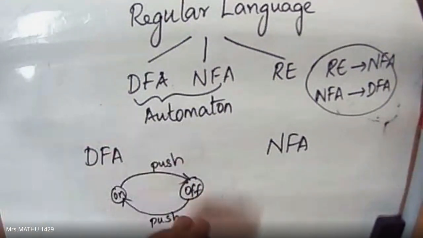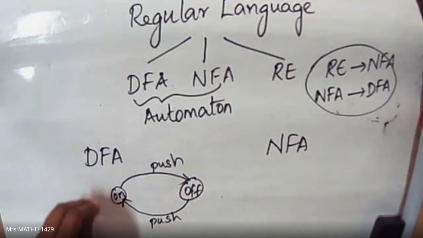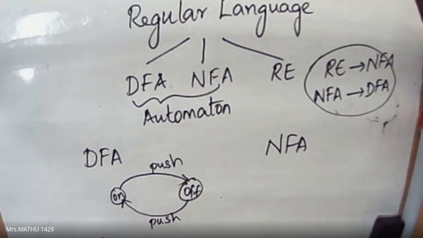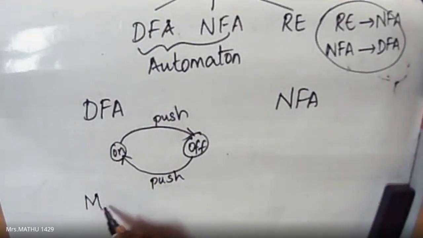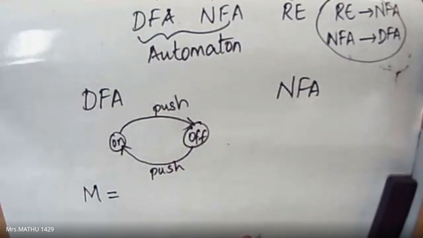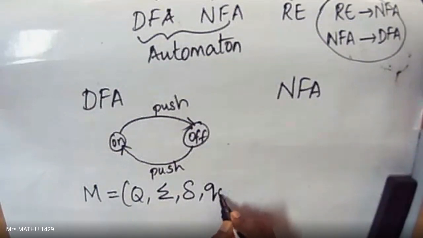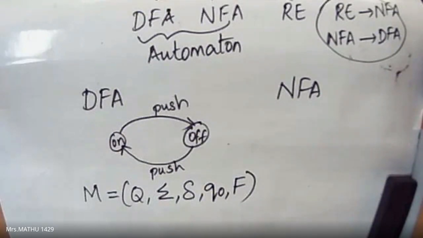Now, a DFA is represented by a quintuple: M is equal to Q, sigma, delta, Q naught and capital F. The machine or automata is described by five elements.